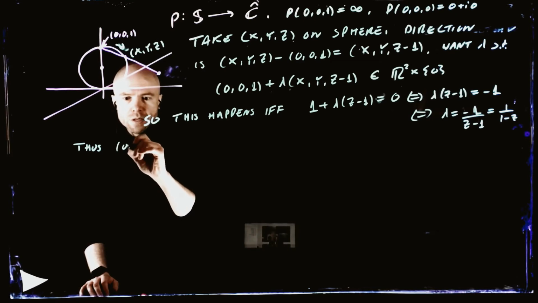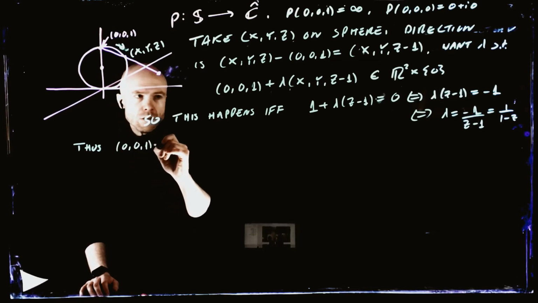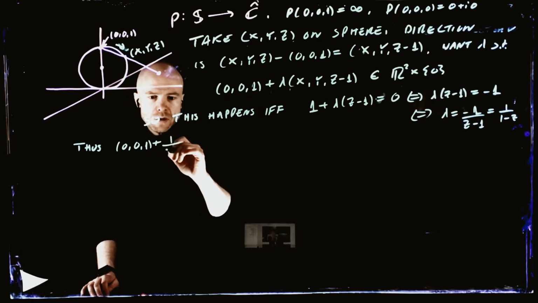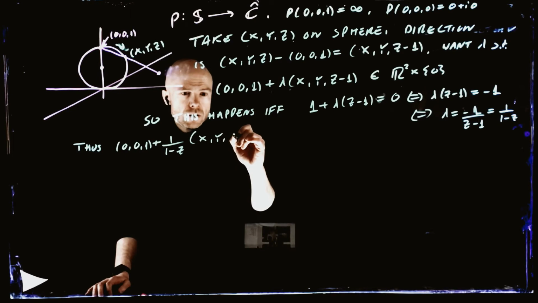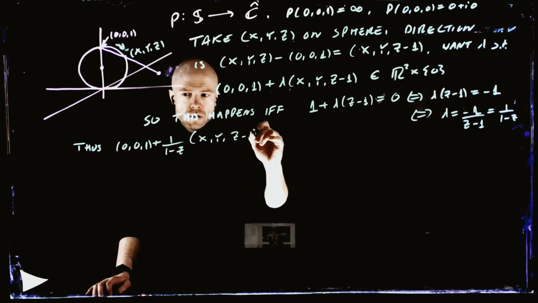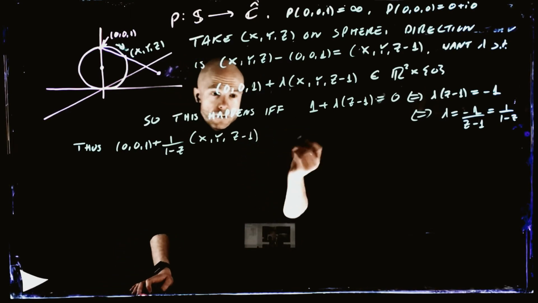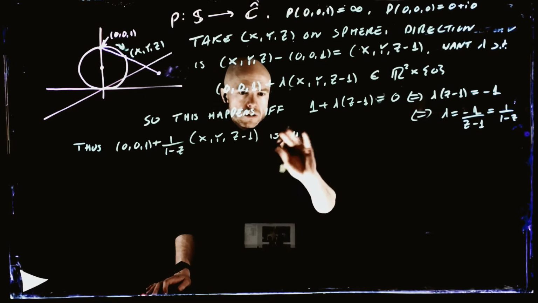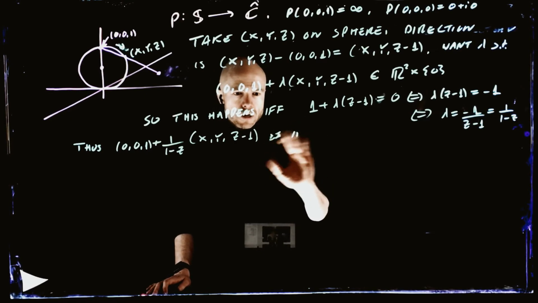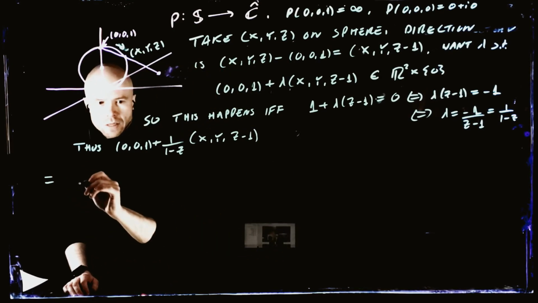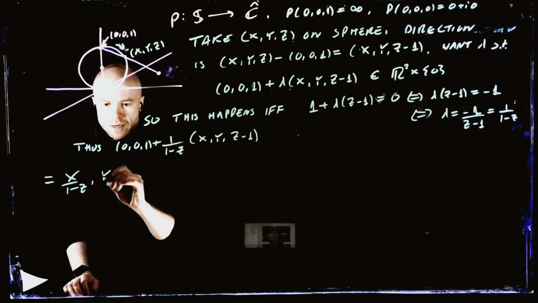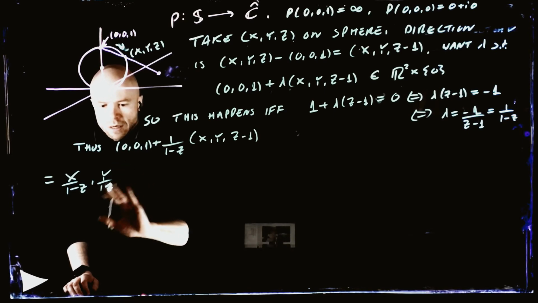Thus we have 0, 0, 1 plus 1 over 1 minus z times x, y, z minus 1. Let's write out what it is. This is x over 1 minus z, y over 1 minus z, and the other coordinate is 0.